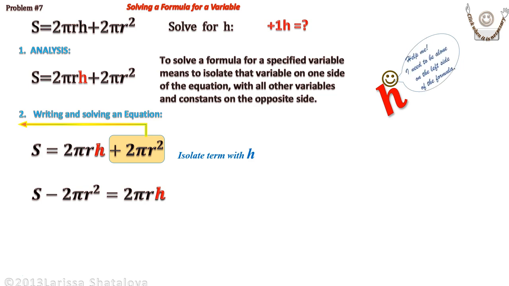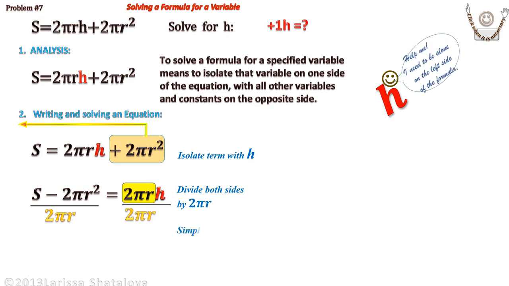We are looking for 1h, so we have to divide both sides by 2 pi radius and simplify. So 2 pi radius divided by exactly the same product, 2 pi radius, will be just 1. As a result, now we have h by itself on the right and everything else on the left.